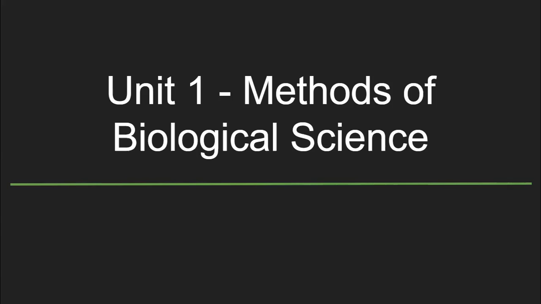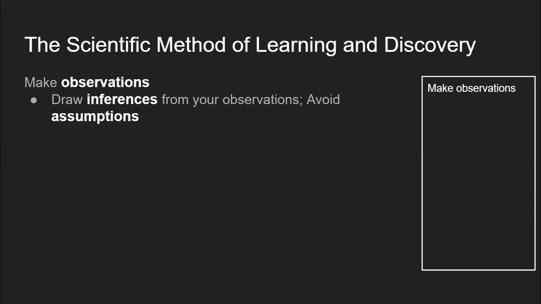And so there's pieces to this where when you are learning in this scientific method, the very first step is that you are going to be making observations. See, you are learning about your physical environment, about your surroundings.